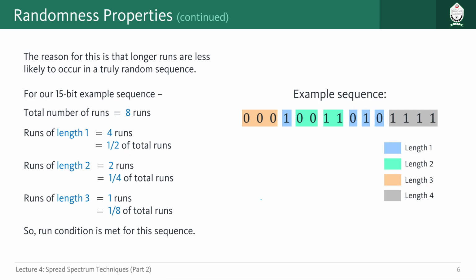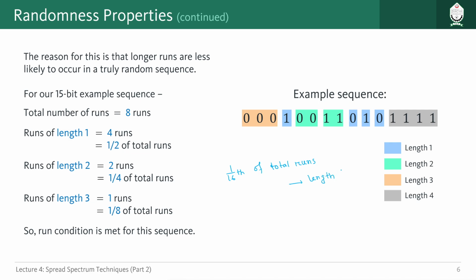Now we can do the same thing for runs of length 4 also, but what will happen is, you know that for runs of length 4, 1/16 of the total runs should be of length 4.